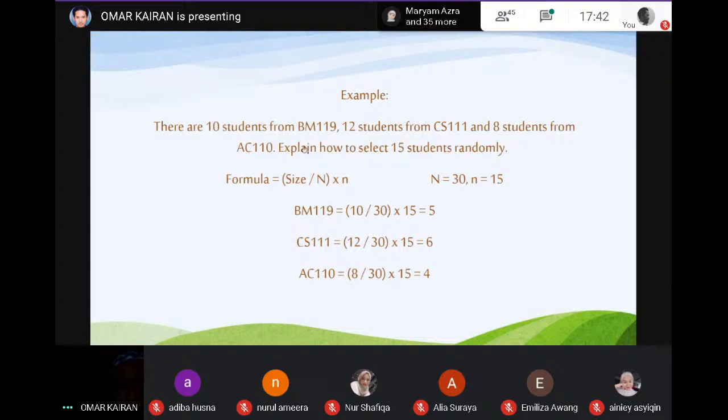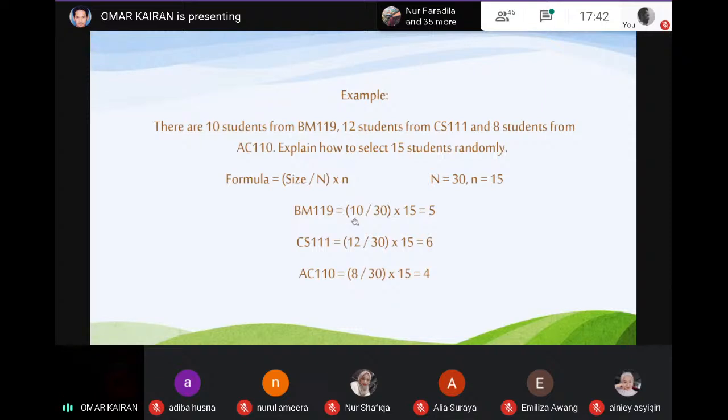Tapi based on bilangan setiap grup itu. Ini cara dia calculate. BM119, 10, ini size for each of the formula. Kita nak dapatkan size n kecil. The n that we want to select is calculated from this formula.